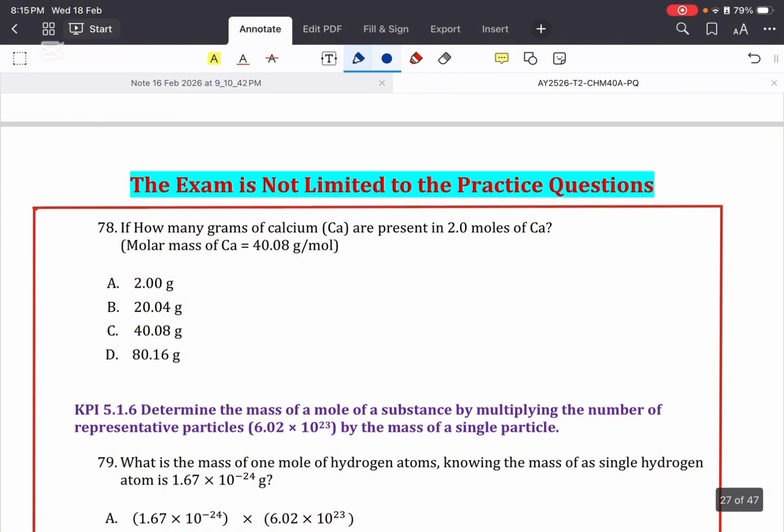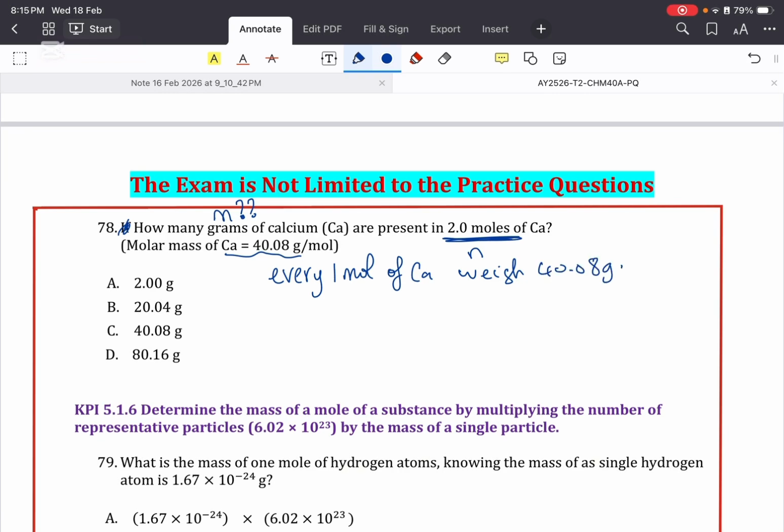Moving on. How many grams of calcium are present in 2 moles of calcium? It means they are asking me to find the mass. That is N. Again, 40.08 grams per mole is the molar mass, which means every 1 mole of calcium weighs 40.08 grams.